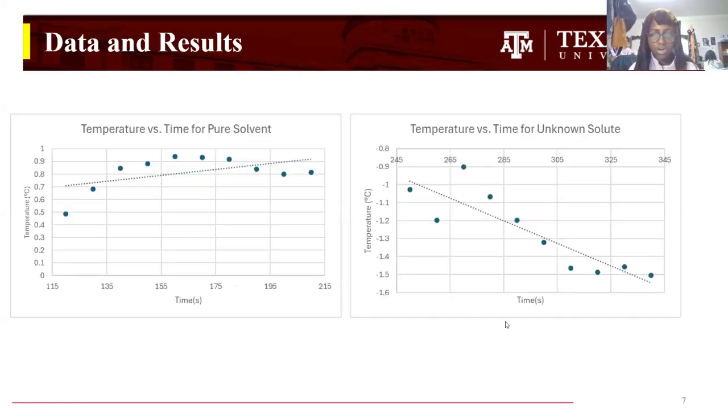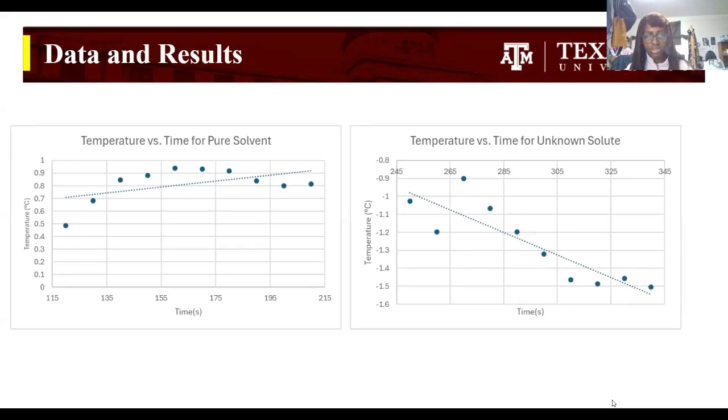Now here's some of our data from the experiment. Here I have a graph for the temperature versus time for the pure solvent, which was our water, and then the temperature versus time for our unknown solute with the water. And the difference between these two graphs, for our water, we see that it kind of has a steady increase back to regular temperature.